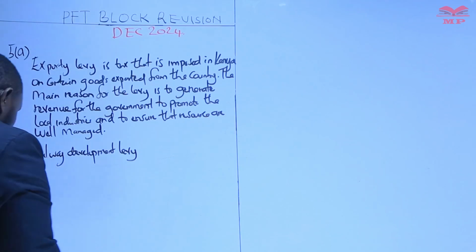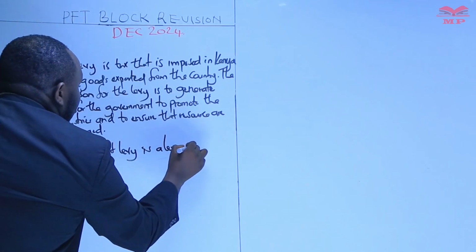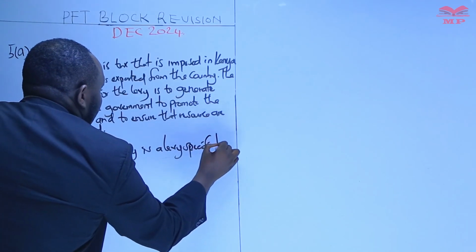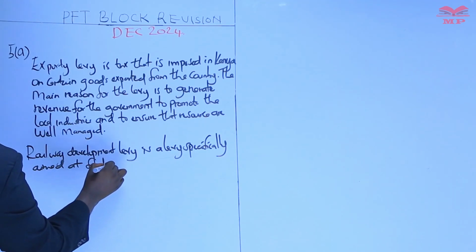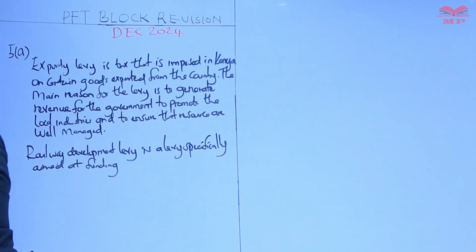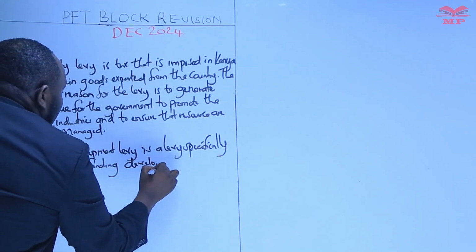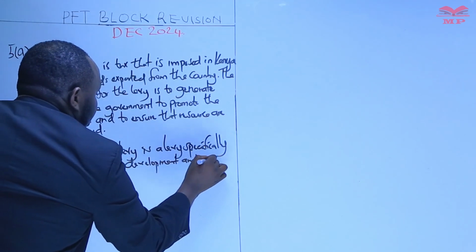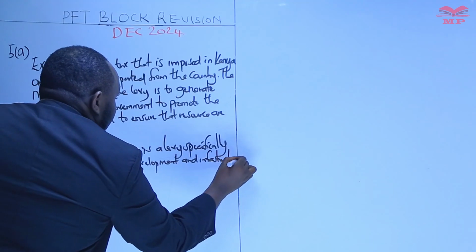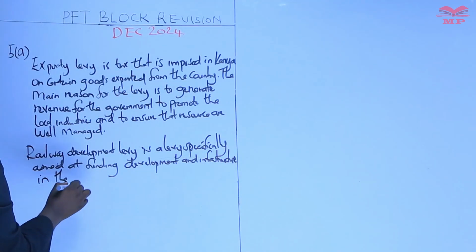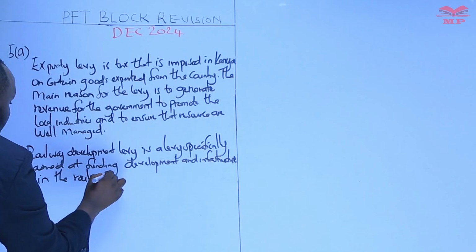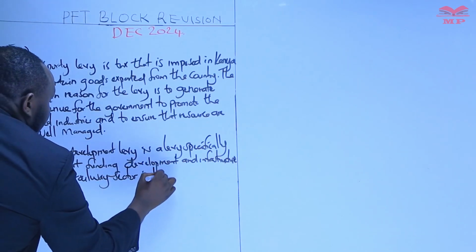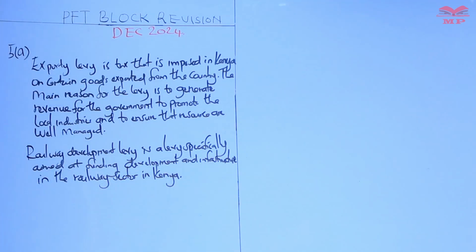Railway development levy is a levy specifically aimed at funding development and infrastructure in the railway sector in Kenya. The essence of this levy is to promote development and infrastructure in the railway sector.